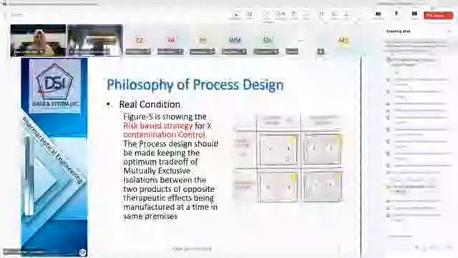A legacy facility is a facility already built, an old facility, and its regulatory compliances are often outdated because you developed it, for example, 10, 15, or 20 years before. So it's really difficult for you to implement the current regulatory standards or current GMP in a legacy facility.